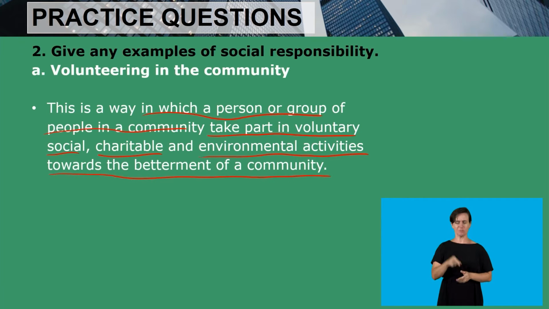So when we talk of volunteering in the community, we are referring to you giving yourself in the community, making sure that you make the community a better place, not expecting a return on investment after contributing your services to the community, but making a community a better place to be for everybody.